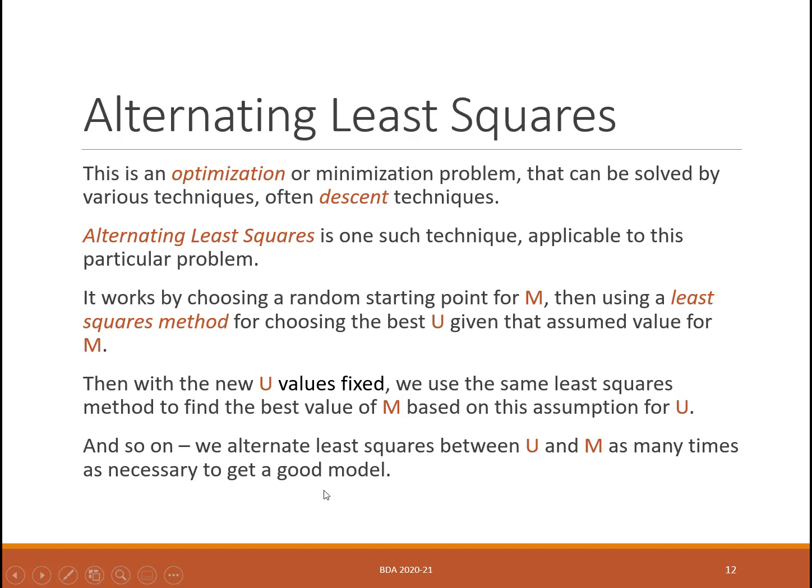Please note that the detail of the ALS optimization algorithm is outside the scope of this module. However, in Lab 5, we will use the ALS technique to build a sample recommender system in Spark.